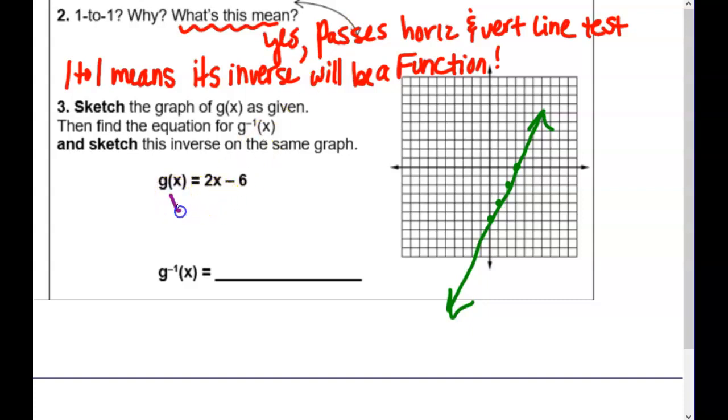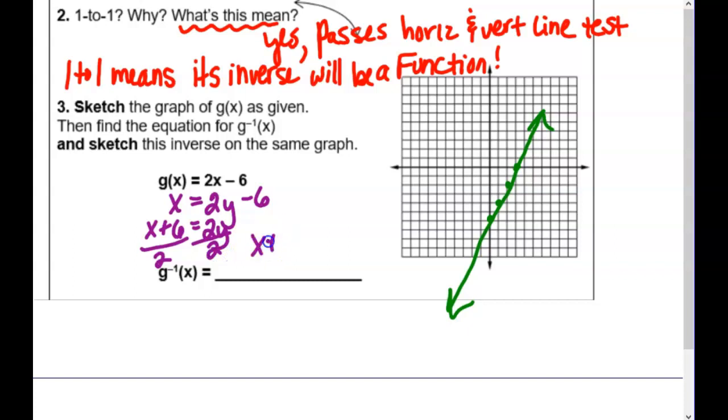So if we switch this to x and this to y, how would we isolate y? Add 6 over here. And then we would need to divide both sides by 2.